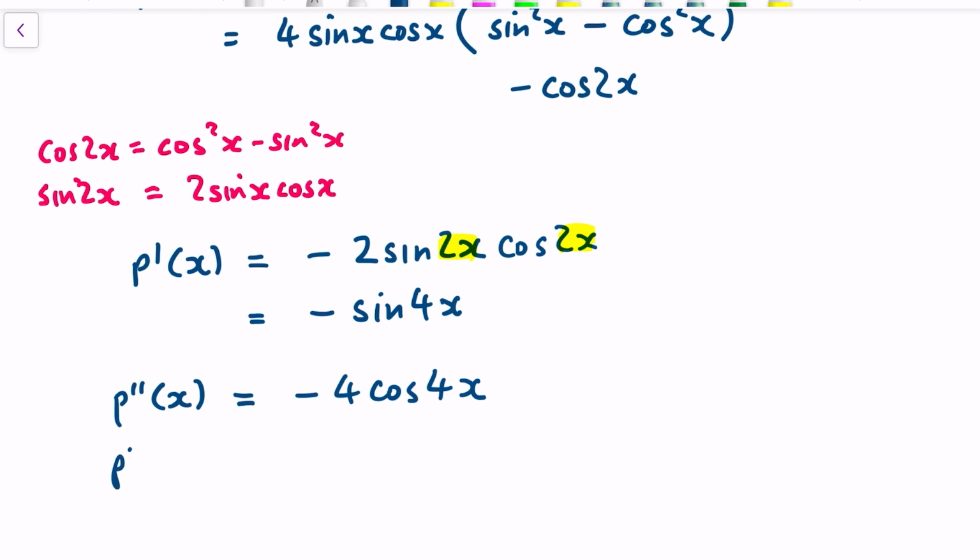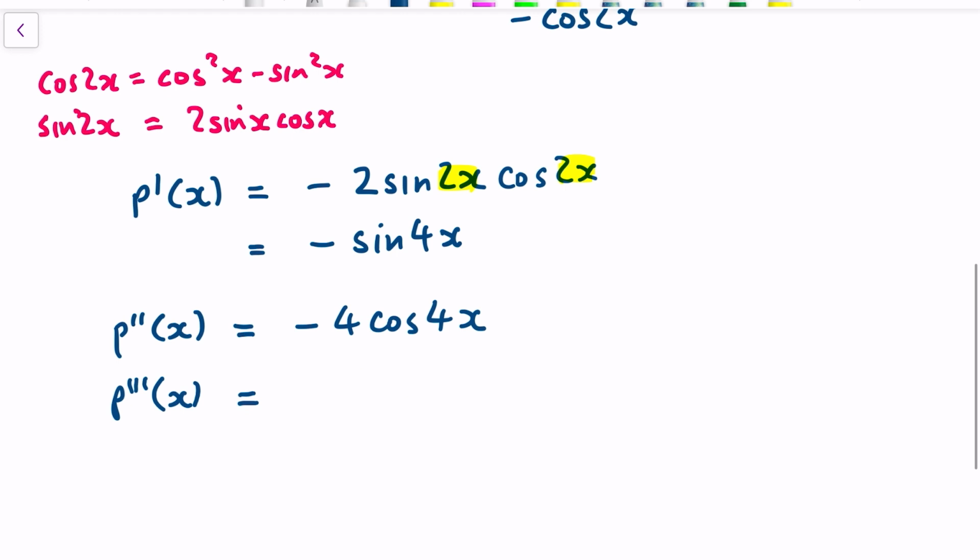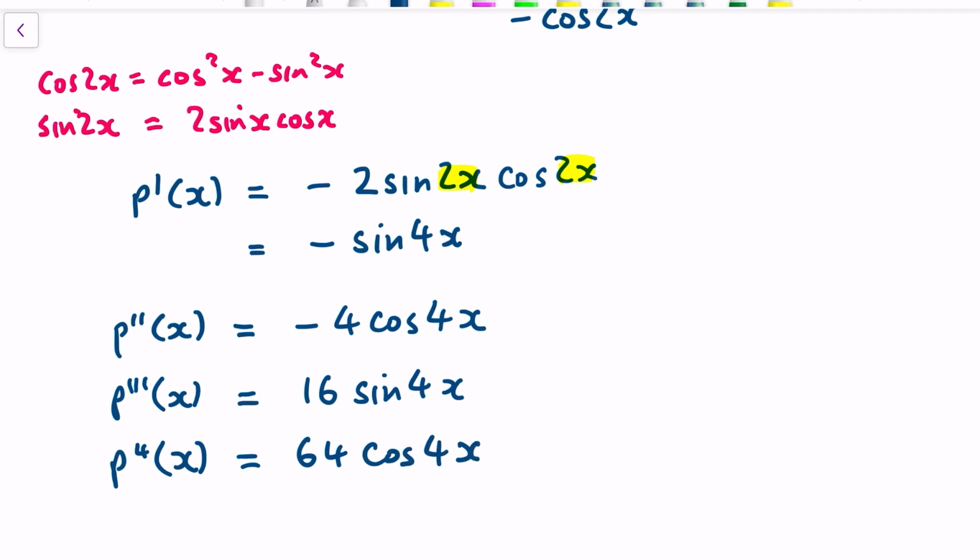And then the third derivative, just so we can establish this periodic thing: cosine goes to minus sine. We've got minus 4 in the front there, so we're going to get 16 sine of 4x. And then lastly, the fourth derivative, I can't be bothered writing 4 dashes, so we'll switch to the other notation. Sine goes to cosine, we've got 64 cosine of 4x.